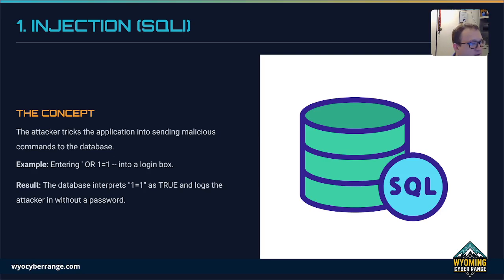But instead of putting in their username, what if they put dash or 1 equal 1? The database is going to see this logic is 1 equal to 1, and it's going to come back and say, yes, that is true. Because it's true, the database unlocks the door, often logging the attacker in as an administrator without a password.